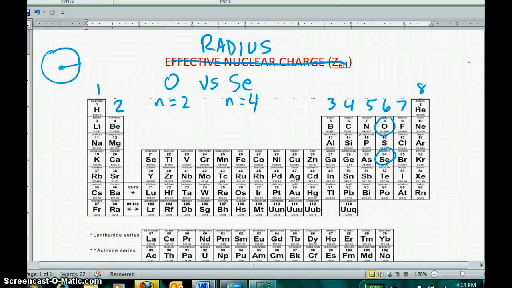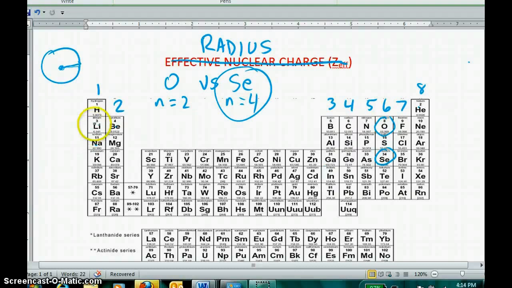So it makes absolute sense that selenium, due to its higher valence level, must have a larger radius, and that is the truth. That's the explanation you want to use when you discuss atoms in the same group. The one having the larger radius will always have the higher valence level, and the one having the smaller radius will always have a lower valence level.